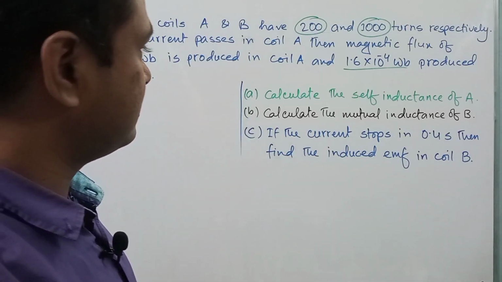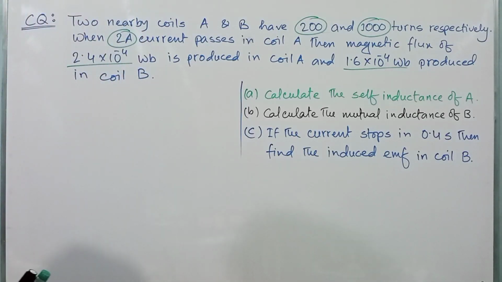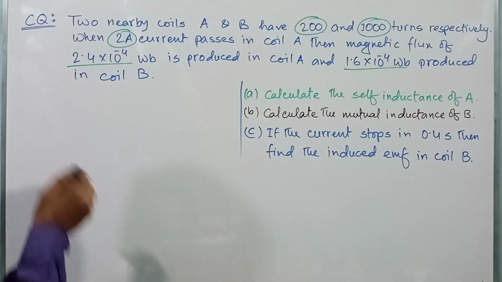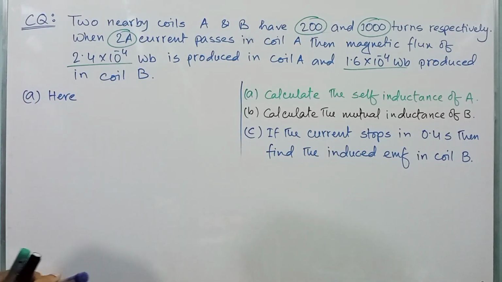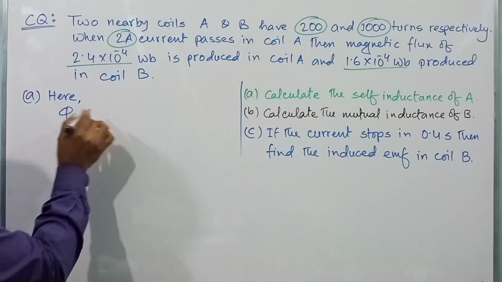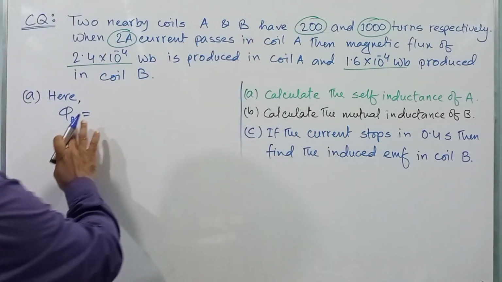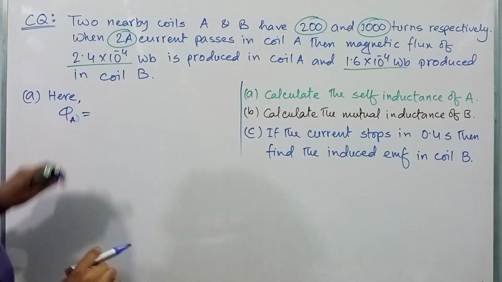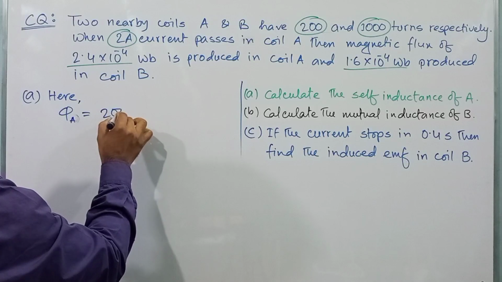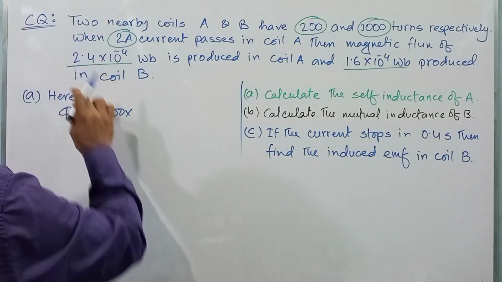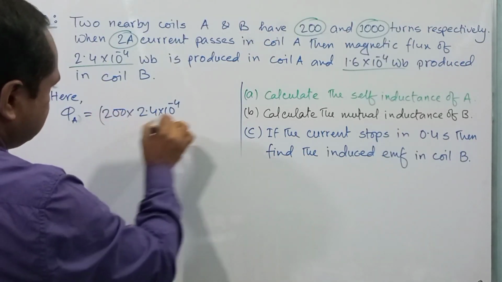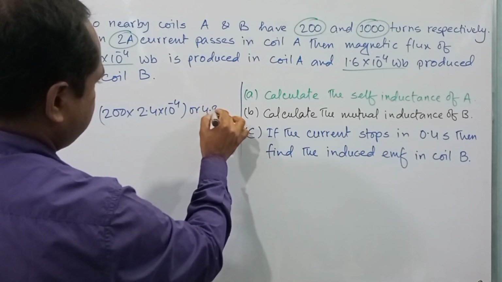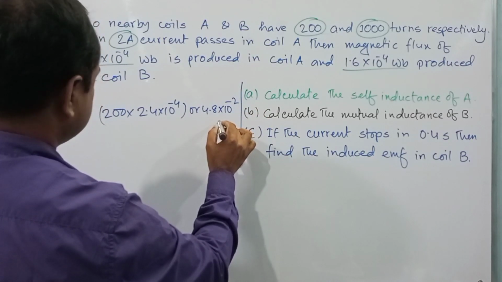So dear student, first we are going to solve question A. According to question A, we have to determine the self inductance of coil A, that is L for coil A. Here the flux in coil A, denoted by phi A, can be calculated from the number of turns in the primary coil, which is 200, multiplied by the flux for one turn, 2.4 into 10 to the power minus 4, or 4.8 into 10 to the power minus 2 Weber.